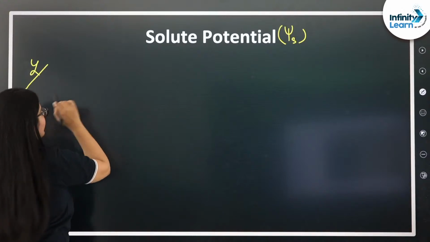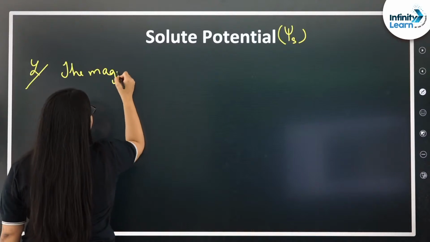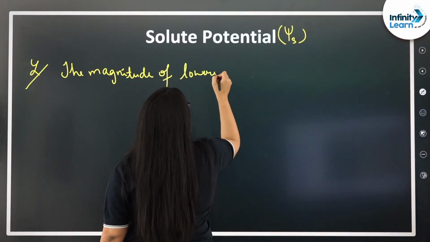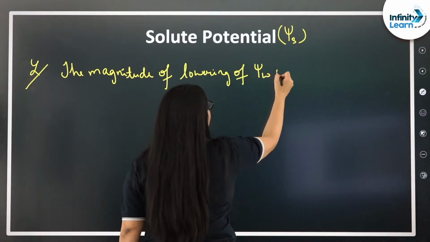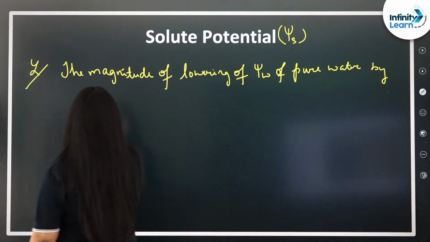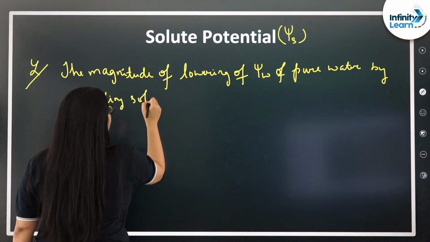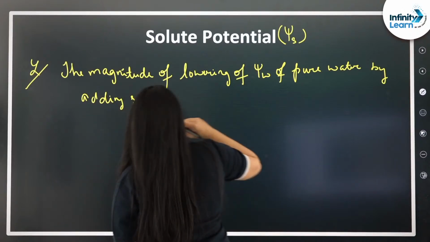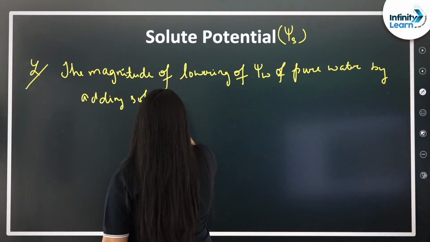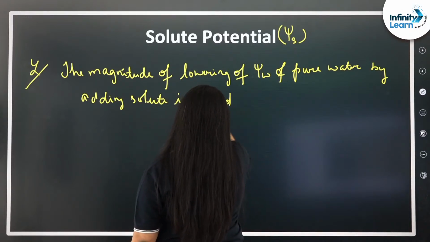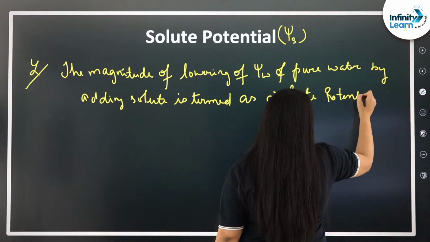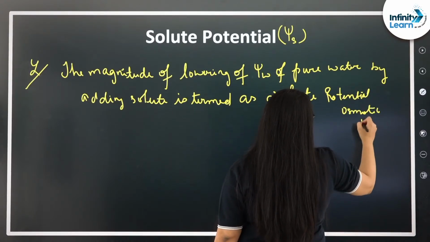Please note, the magnitude of lowering of water potential of pure water by adding solute is termed as solute potential, right? Also known as osmotic potential.